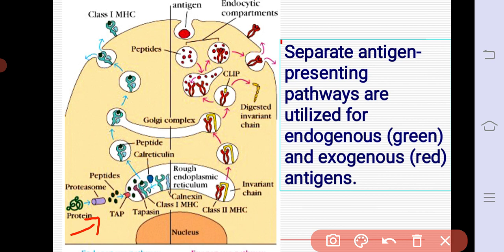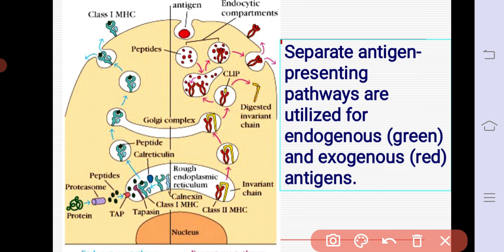With ubiquitination, it is cleaved by a proteasome into smaller fragments of peptide or smaller antigens, and with the help of the TAP protein, they are loaded on an MHC class first molecule, and this MHC class first molecule is a glycoprotein, and it is synthesized within the lumen of the endoplasmic reticulum.